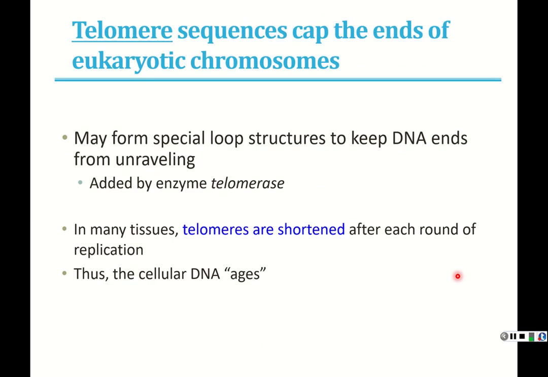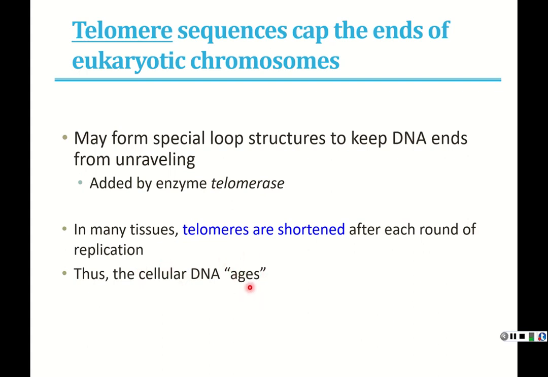Right, telomeres are the caps, the ends of the eukaryotic chromosomes, and they're thought to form these special loop structures to keep the DNA from unraveling. They're added by this enzyme telomerase. In many tissues, telomeres are shortened after each round of replication, and thus the cellular DNA can age because of that, right?